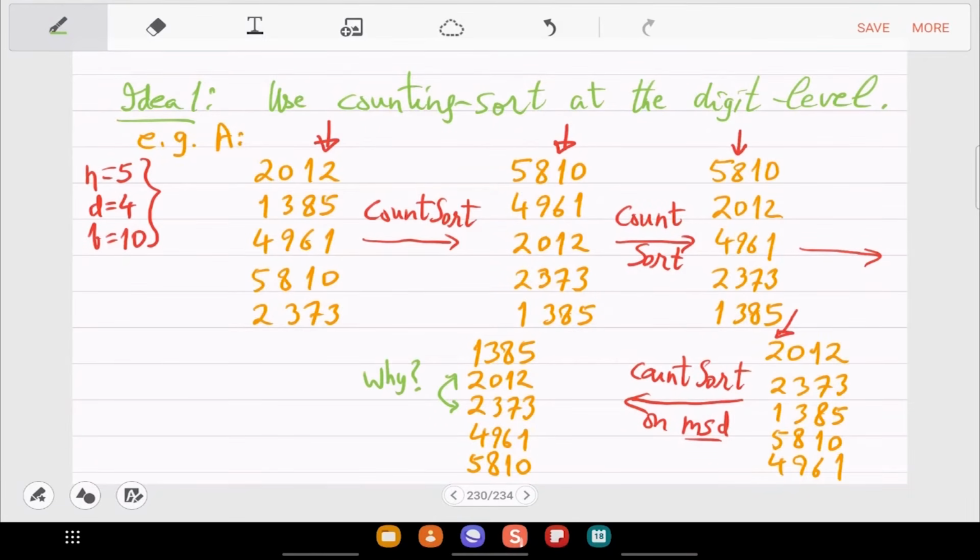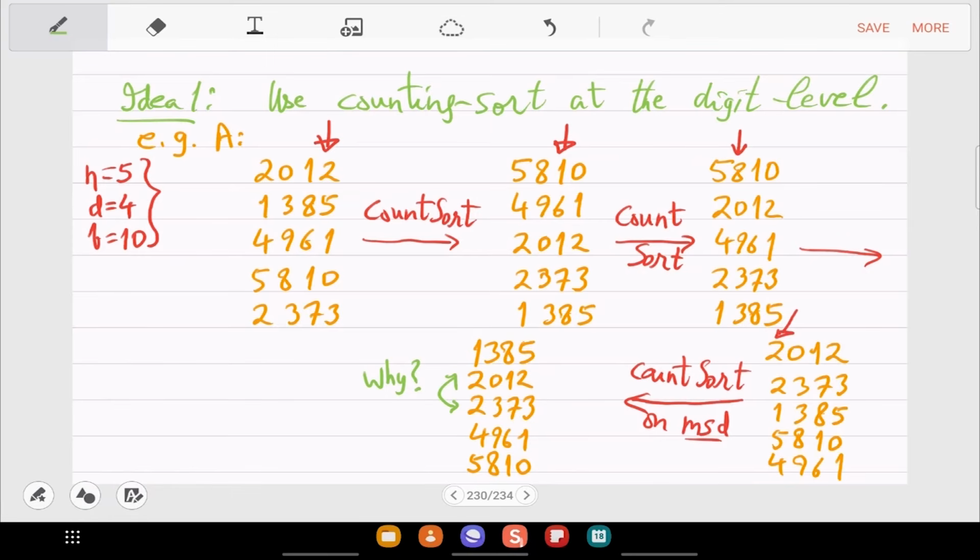So why is that sorted? They are sorted because when the algorithm sees 2 and 2, it will not unnecessarily swap it. So whatever was the reason prior will continue, and the reason prior is 03, which is the reason why 2012 is smaller than 2373, right?